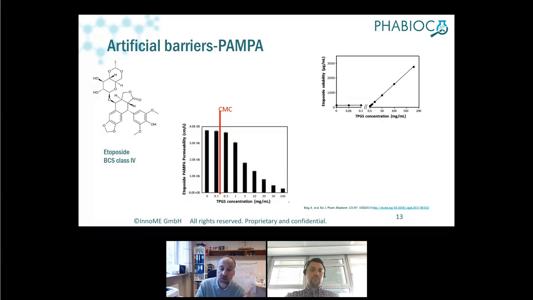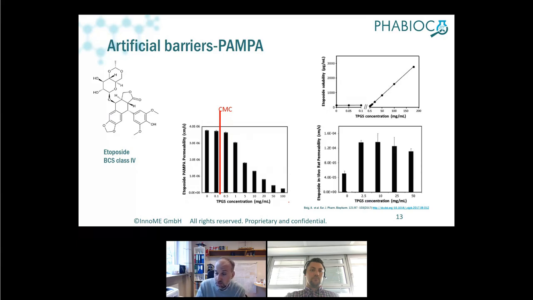That drastic reduction is actually not present in real life, because when this formulation was tested in in vivo rat permeability studies, the permeability resulted pretty constant. So in this sense, PAMPA was not really predictive in terms of formulation.